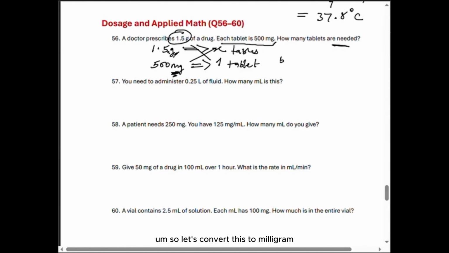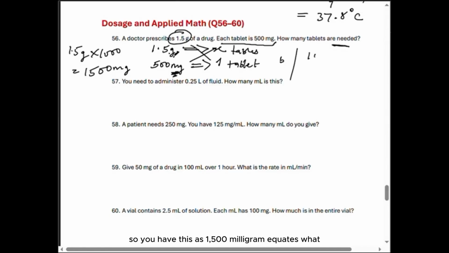So let's convert this to milligrams. Converting 1.5 grams to milligrams is going to be times 1000, which is 1500 milligrams.